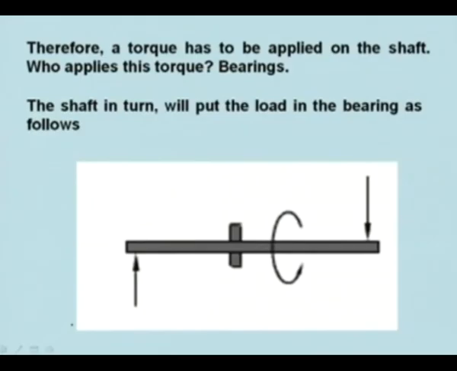Who applies this torque? Of course, the bearings. The shaft in turn will put the load on the bearings as follows. So the bearings will apply the torque. If we make the free body diagram of the shaft, we see that this is the torque coming on this, clockwise, because it is going away from the paper.